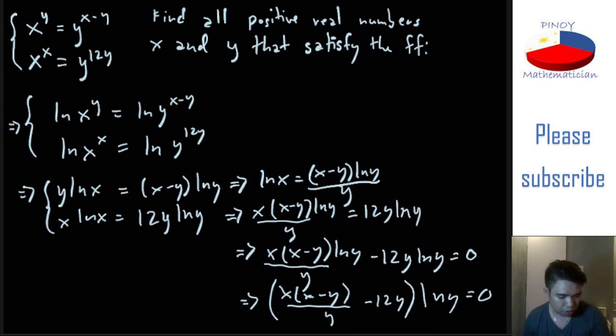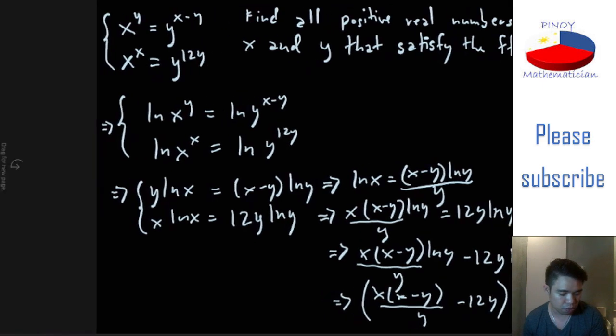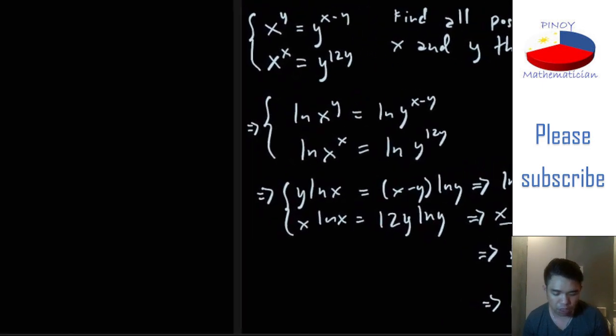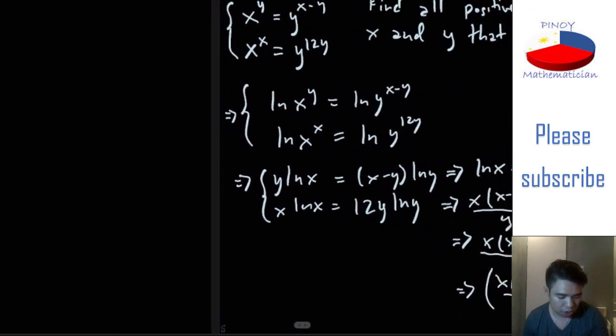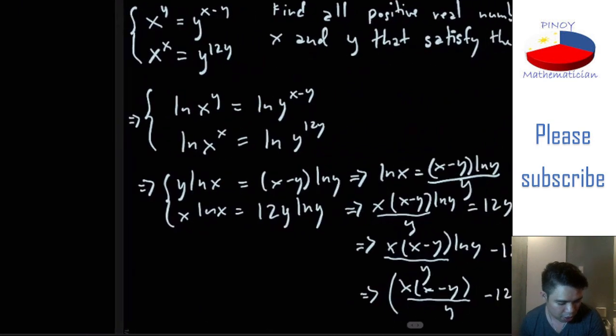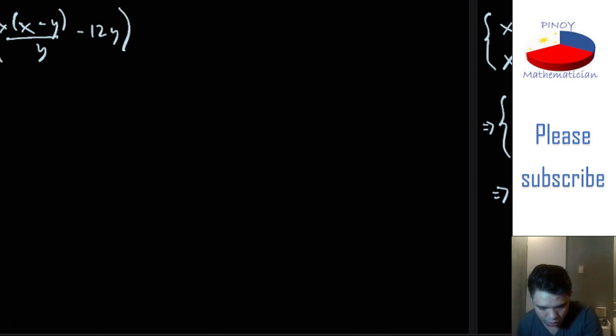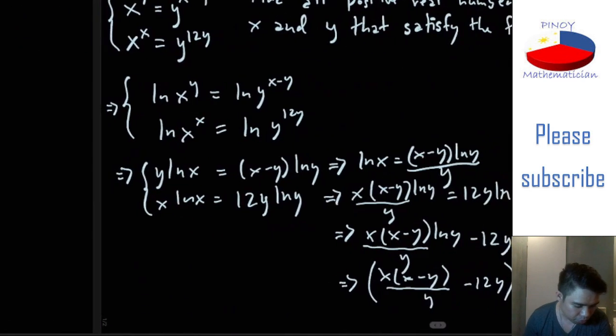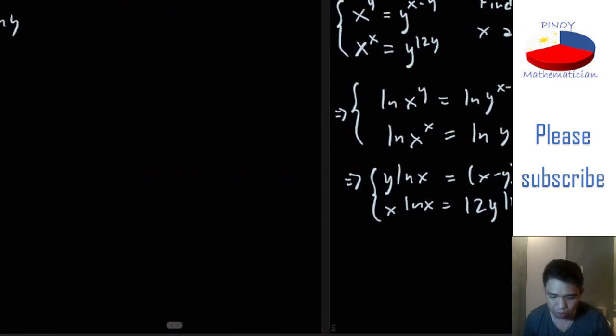Now let's continue. We don't have enough space, so I'll just move to the next slide, and we're gonna copy the last part that we wrote: x times x minus y over y, minus 12y, times ln y, equals 0.